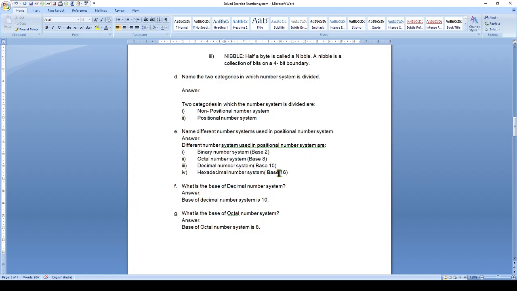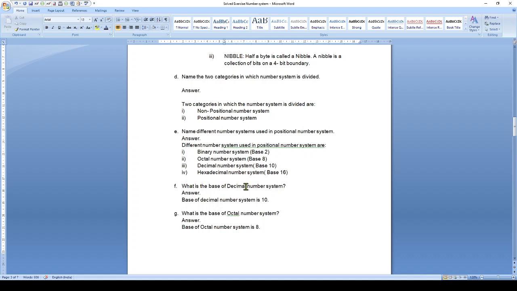A is written as capital A, 10 is A, 11 is B, 12 is C, 13 is D, 14 is E, and 15 is F. So from 0 to F there are 16 different digits or symbols.